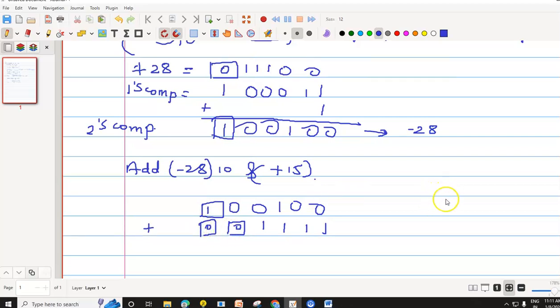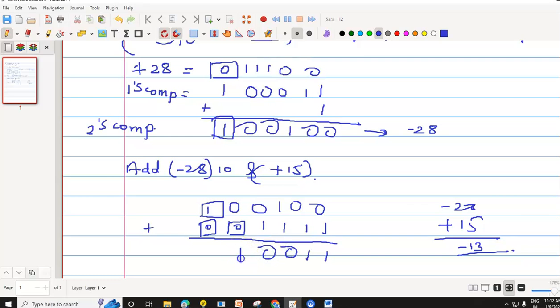Okay, so minus 28 plus 15 in decimal, what do we get? Minus 13. Okay, so 0 plus 1 is 1, 0 plus 1 is 1, 1 plus 1 is 0 carry 1, 1 plus 1 is 0 carry 1, 1 and 1.